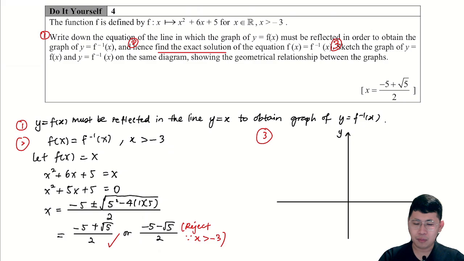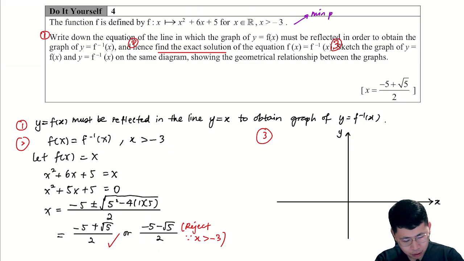Actually you can put in your GC and see that it starts from the minimum point. For this one, you can do a very quick completing the square, or you can just use GC. So minimum point at negative 3 and negative 4. Then you have an x-coordinate of negative 1, 0, and a y-coordinate of 0 and 5.